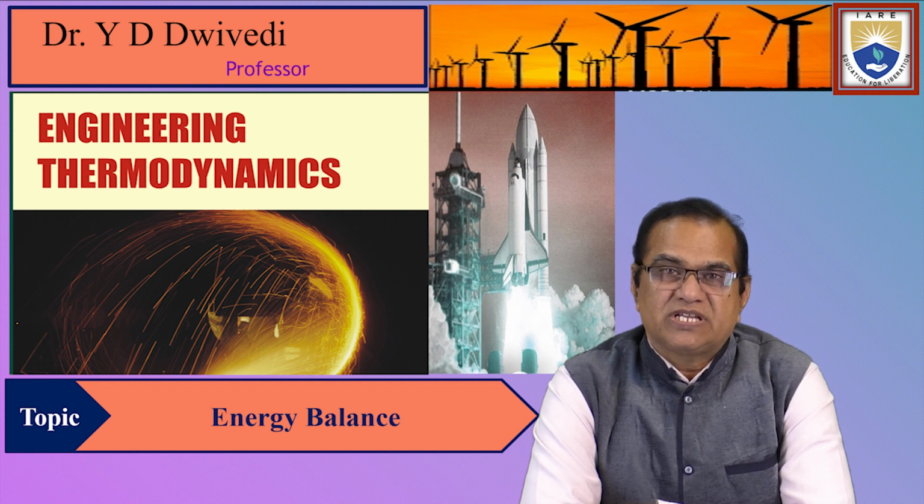Q dot radiation is equal to epsilon sigma into Ts to the power 4 minus T infinity to the power 4.